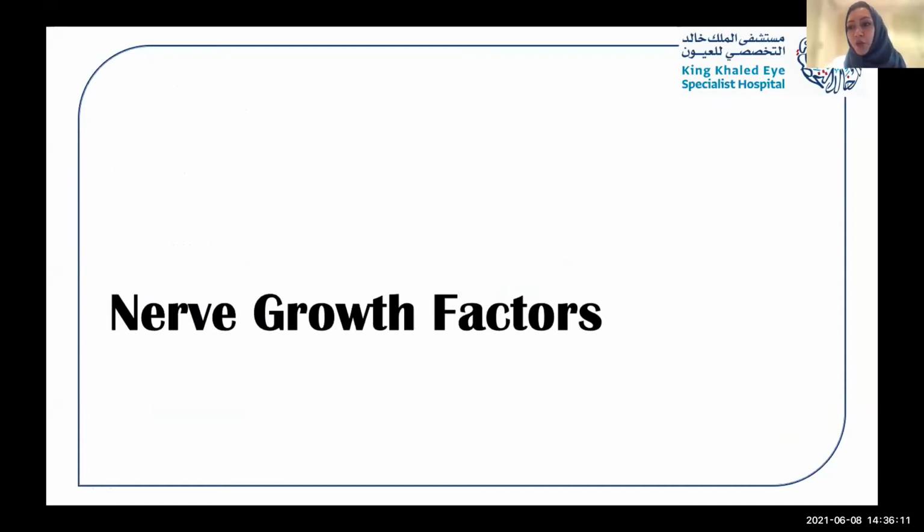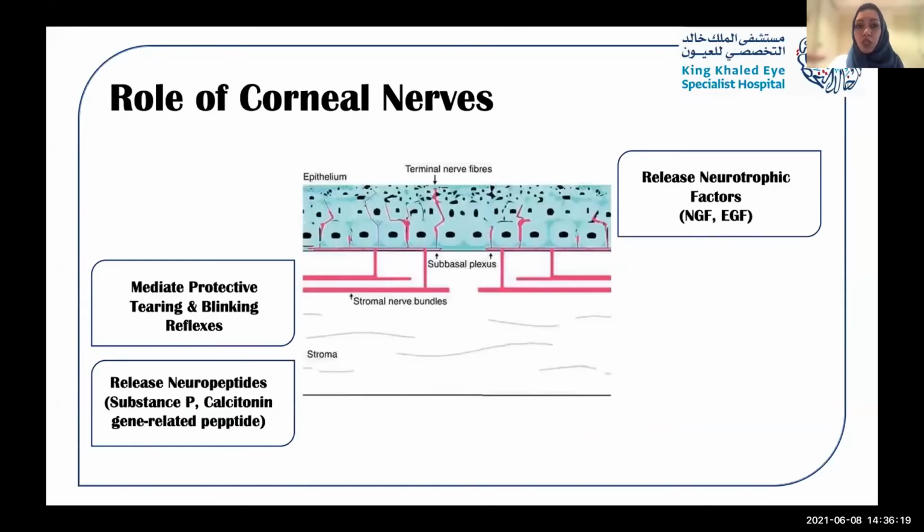We go to another group, which are the growth factors, particularly nerve growth factor. I'll go back to what is the importance of the corneal nerve in this whole dynamic of the limbal stem cell niche. The nerves mediate the protective tearing and blinking reflexes, which are important for the whole environment to be healthy.